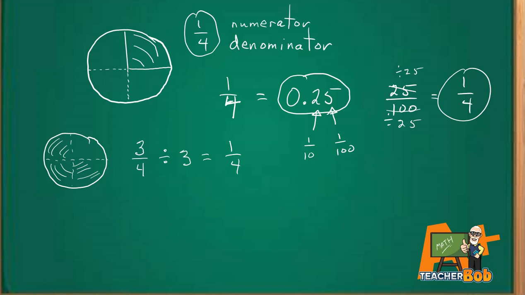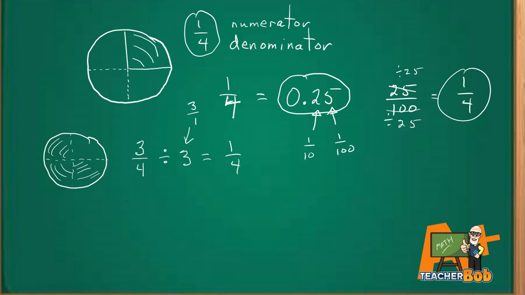Okay, I want to just show you the mathematical algorithm, or just the strategy that you can use for all fractions. Sometimes fractions are not going to be quite this easy to get an answer for. So let's just use this same question. 3/4 divided by 3, and 3 is equal to 3 over 1.